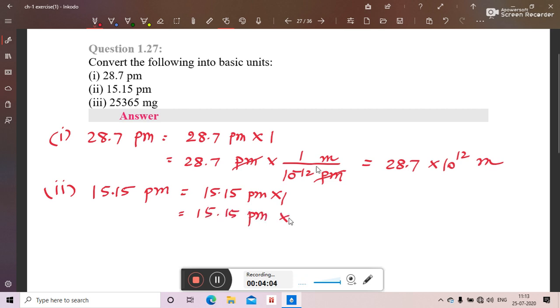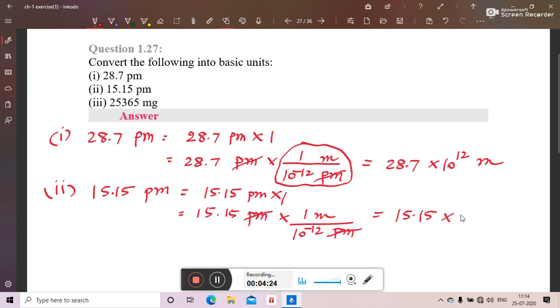Now instead of 1, again you will use the same unit factor, that is into 1 meter upon 10 raised to minus 12 picometer. Now in the numerator and denominator picometer will be cancelled. So our final answer will be 15.15, and when we take 10 raised to minus 12 in the numerator, it will become 10 raised to plus 12 meter. That is our answer.